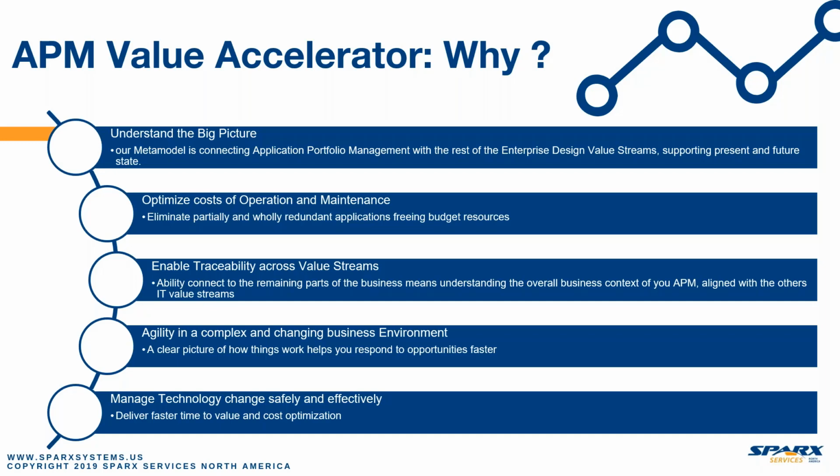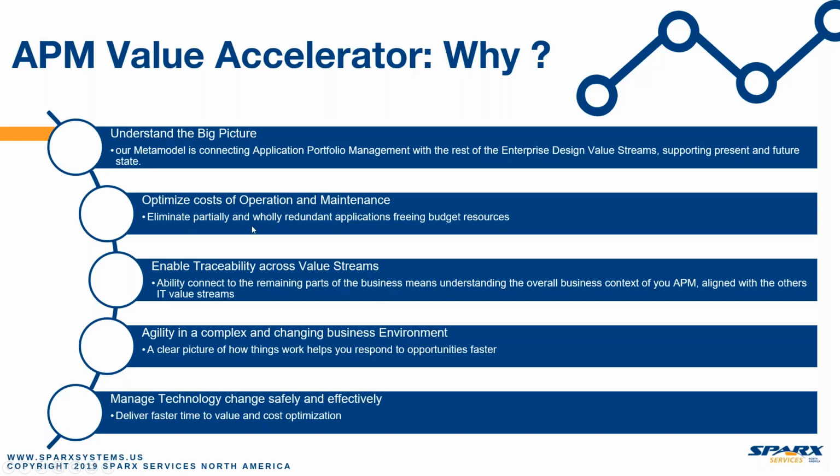If not, we discuss which kind of additional properties and relationships you need to have, and we can do that super fast. With all that in mind, you can see how you can not only optimize the operation and maintenance costs, but you can enable your traceability across value streams.